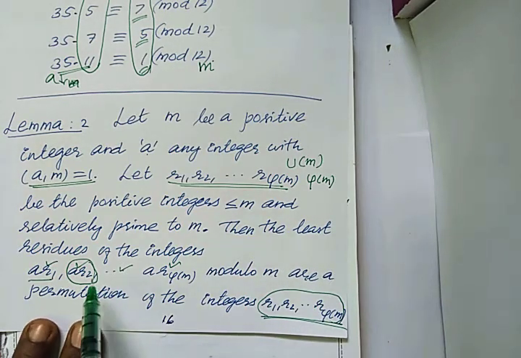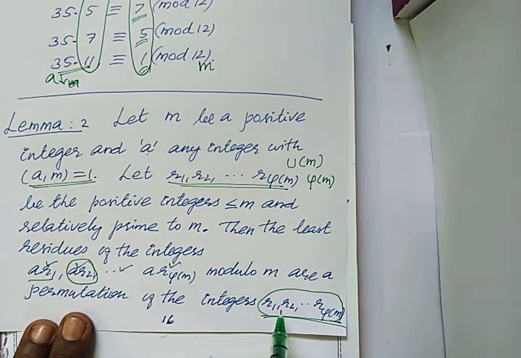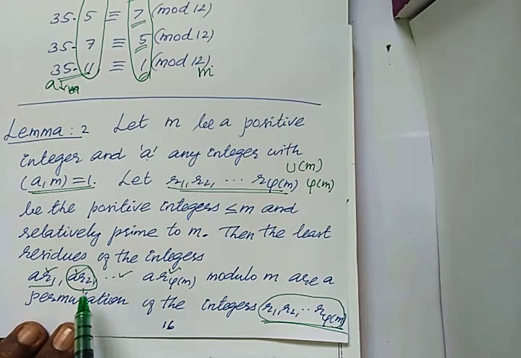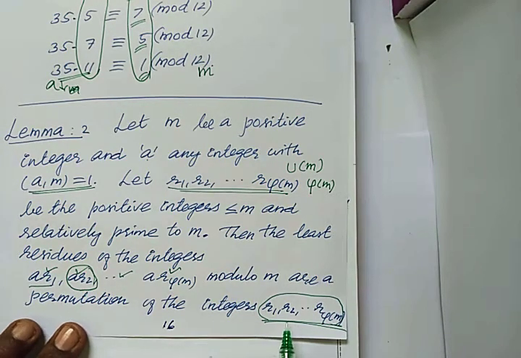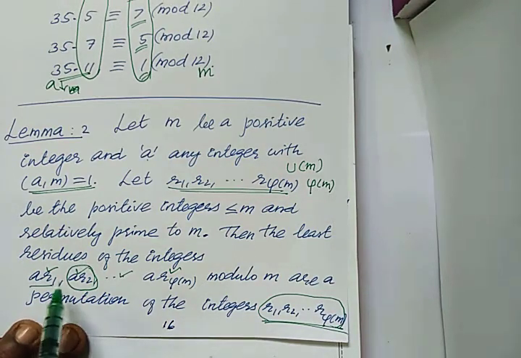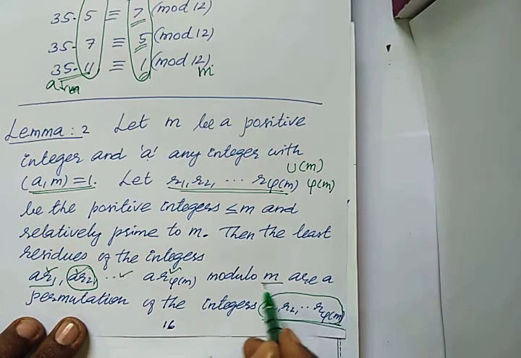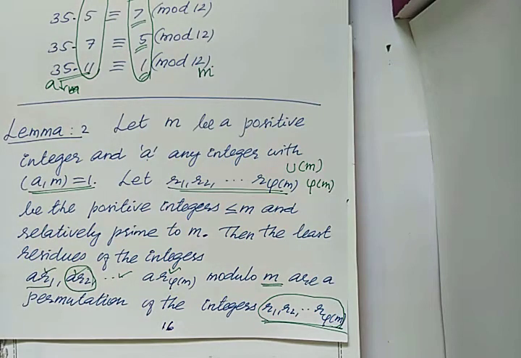That means if we take modulo M to this number, we won't get 0, we will get a remainder here. That means we wish to show that each of these numbers is relatively prime to M. That one we want to show.